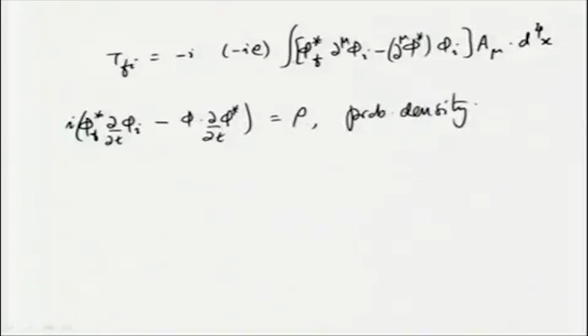Now, we have here minus i e, so we have minus i e times φ_f* ∂/∂t φ_i minus φ_i ∂/∂t φ_f*.